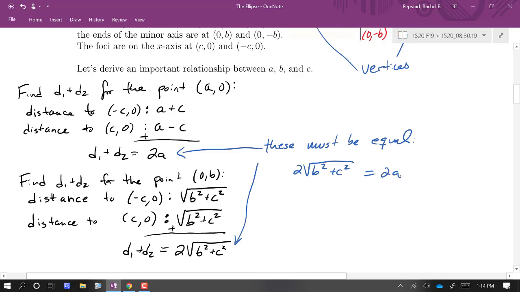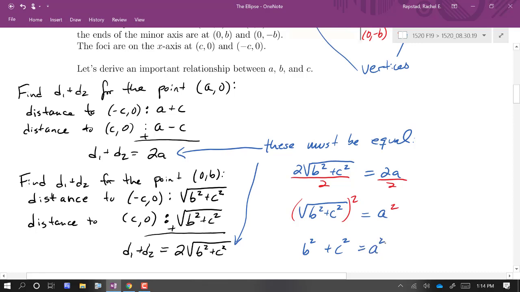Let's divide out that 2, and I'll get rid of the radical. So we could square both sides, and we get B squared plus C squared equals A squared.